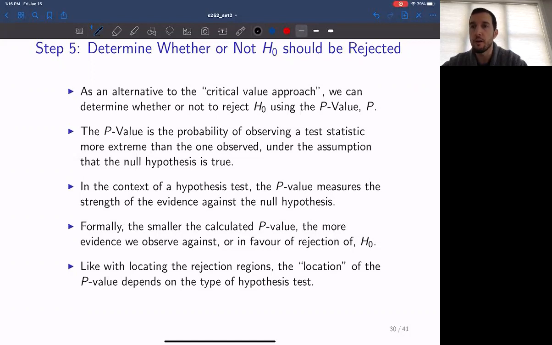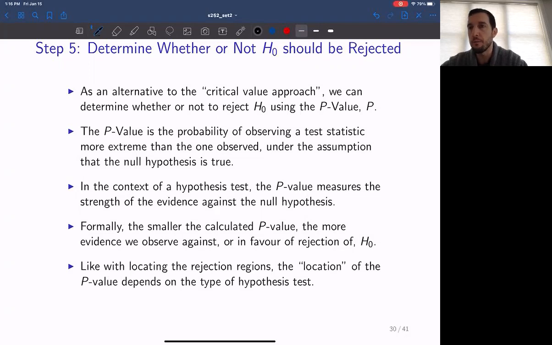So a p-value very close to 0 indicates that the null hypothesis is unlikely. A p-value very close to 1 would indicate that the null hypothesis is likely to be the true case. So p-values close to 0 indicate lack of certainty in the null. P-values closer to 1 indicate certainty in the null.